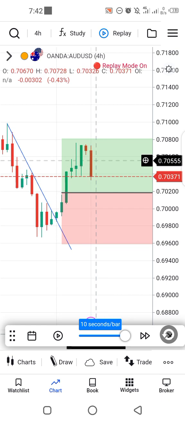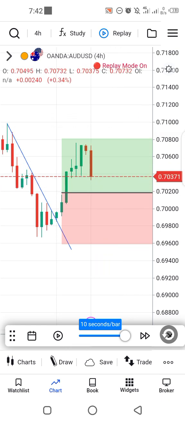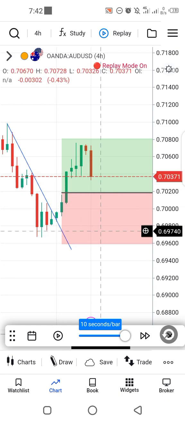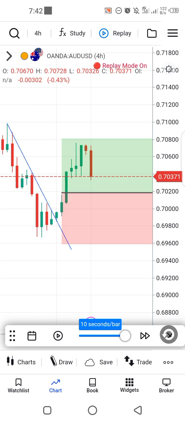I know somehow there will be a higher low and a higher high. It doesn't happen all the time. This market can just keep going down and come and take your stop loss. But you have to trade based on probability. If you know that your trade still has a chance, holding it is not a crime. You understand? Just hold it a little bit and give your trade a chance.